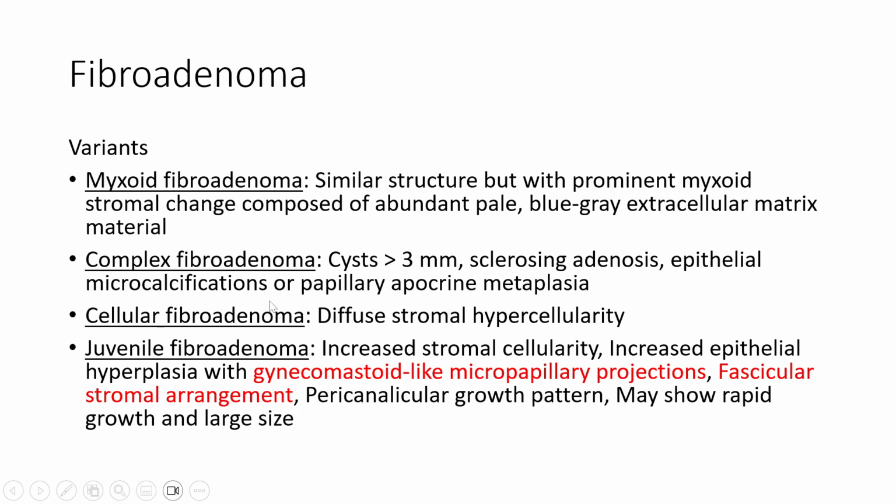In cellular fibroadenoma, we just see more cells in the stroma. And also we have juvenile fibroadenoma, where we can see gynecomastoid-like micropapillary projections. So you can see some images that show what you may consider juvenile fibroadenoma.